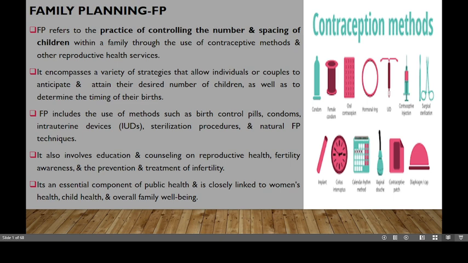Generally, in family planning, as an RN, you'll be involved in facilitating patient education, counseling, more so on reproductive health issues, fertility awareness, prevention, and treatment of infertility. So, generally, we can say that family planning is an essential component of public health and is closely linked to the woman's health, the child health, and the overall family well being.